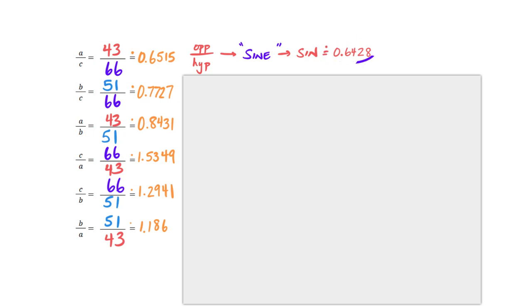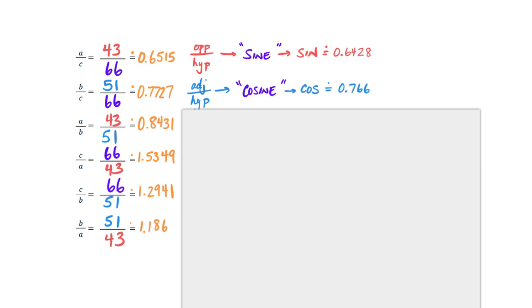Okay, let's keep that going. If I slide down that box and we take a look at the second ratio, that was you taking the adjacent side and dividing it by the hypotenuse. That has a name called cosine. Anytime you take the adjacent divided by the hypotenuse in a right triangle, that's called the cosine. If you calculate the cosine ratio for that 40-degree angle, we should have got 0.766.